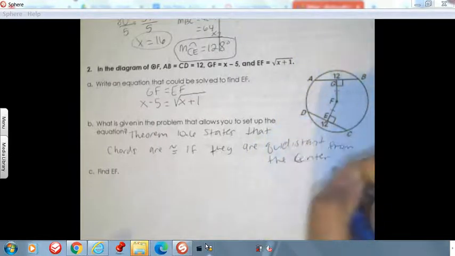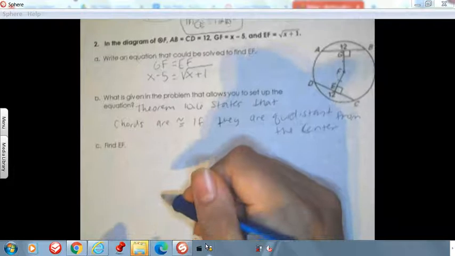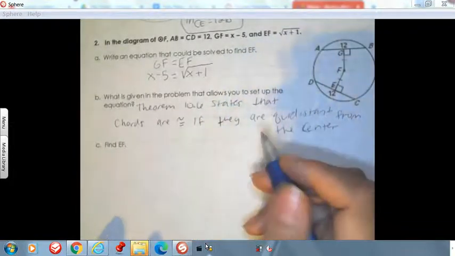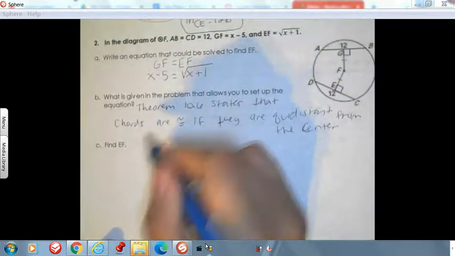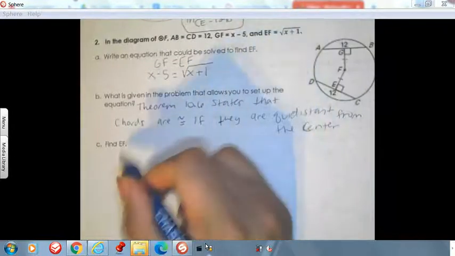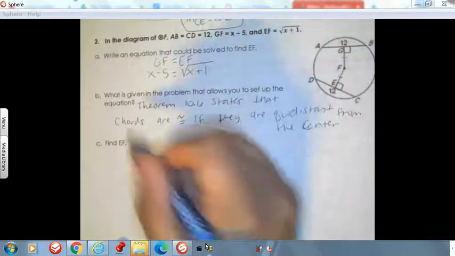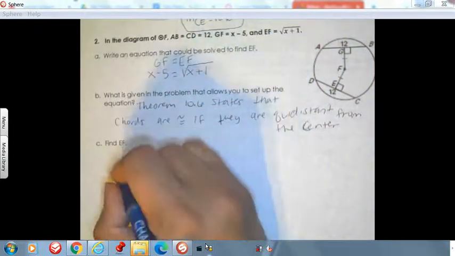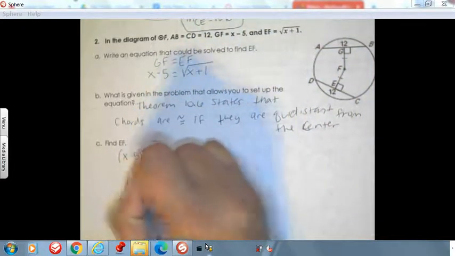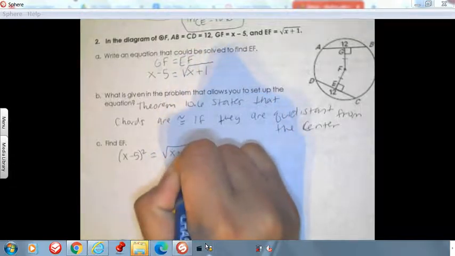And then when you go to find EF for part C, this is where the algebra comes in, where you do have to use FOIL and factoring. So this would not be on a quiz or a test here, but it's good practice for next year for Algebra 2 with trig. When I start, I would square both sides because I'm trying to get rid of this radical.